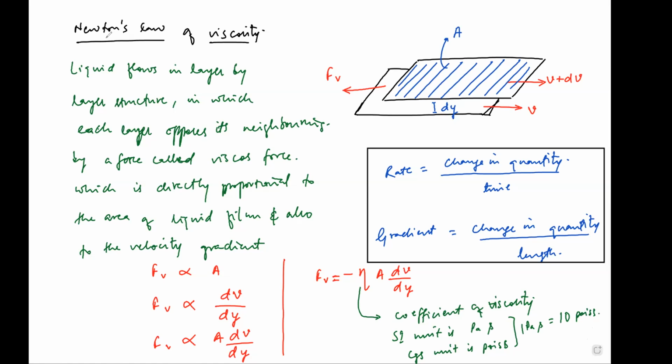Now, this coefficient of viscosity, eta, may depend upon certain factors. First, eta depends upon the nature of the liquid, so it may have a different value for different liquids. And next is temperature. Let me explain how it relates to temperature.